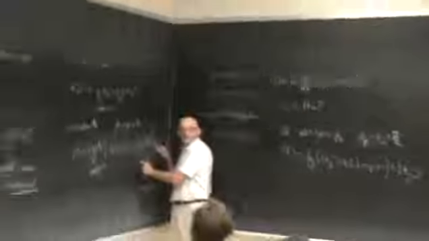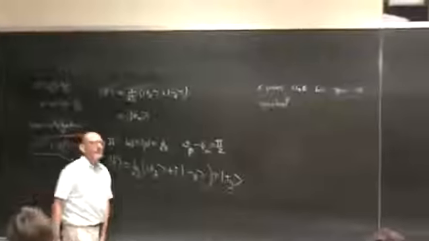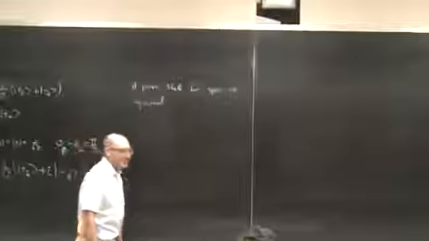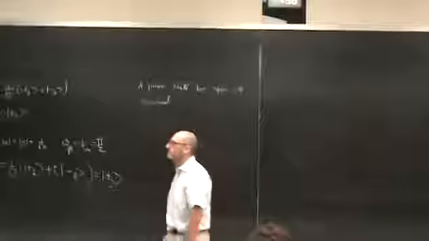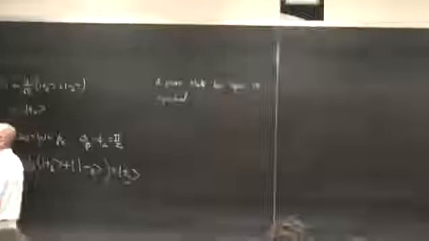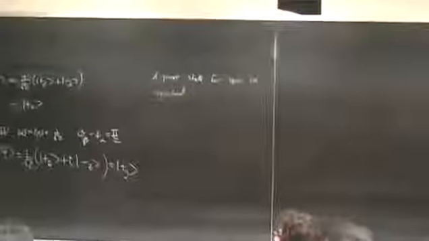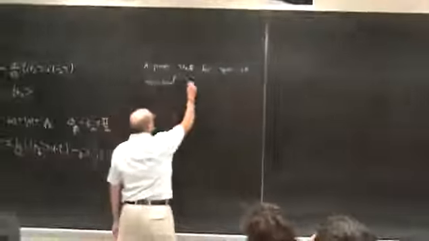But the magnitudes of alpha and beta are not independent because we have normalization. They're combined into one new variable, the relative phase. So it's specified by two parameters.